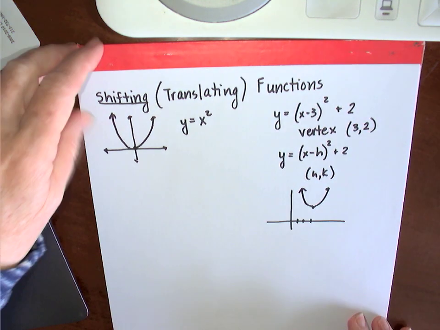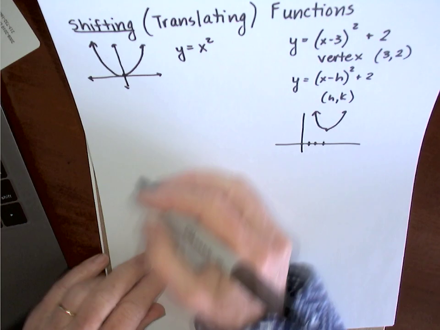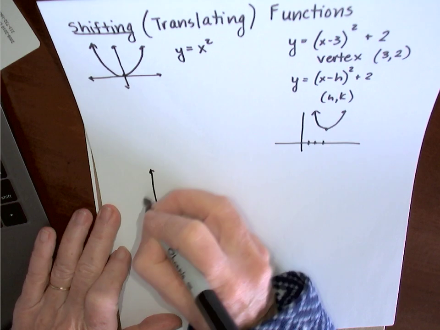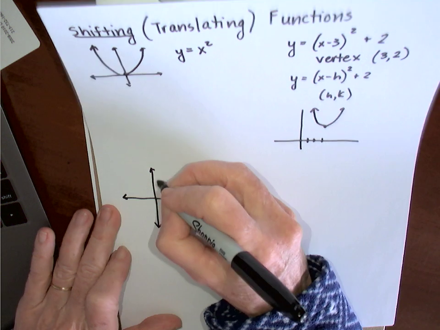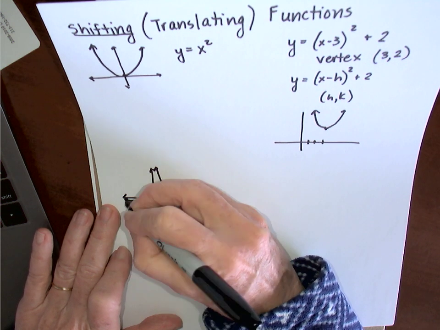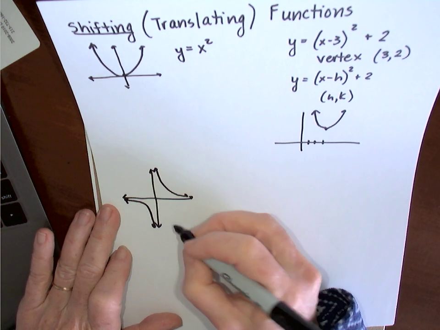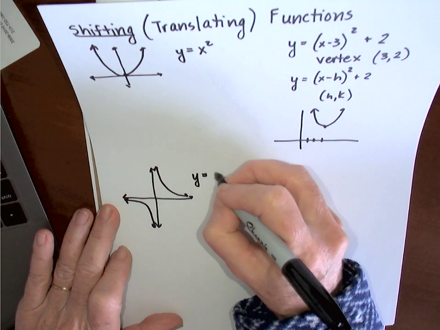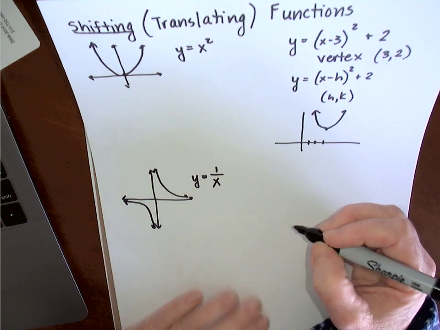And this is no different if you have a rational function, except there's a little extra meaning to it. The general rational function uses both the x-axis and the y-axis for its asymptotes, and the equation is y is equal to 1 over x.